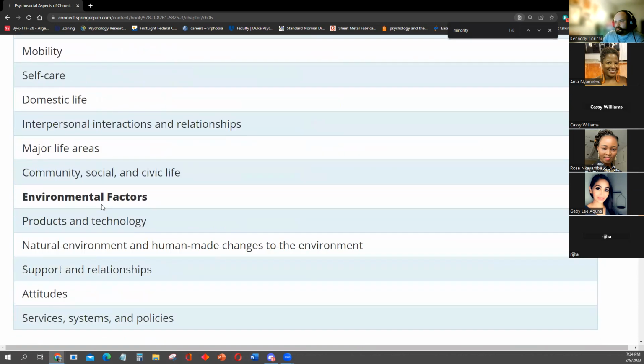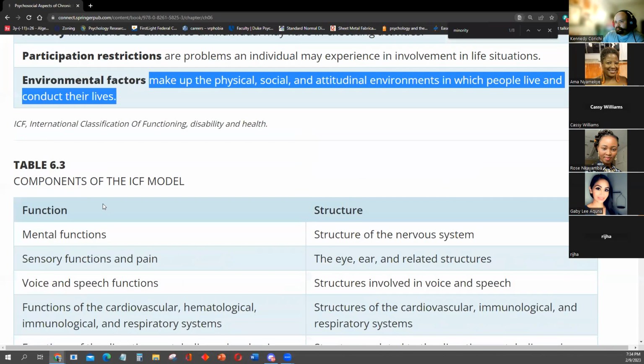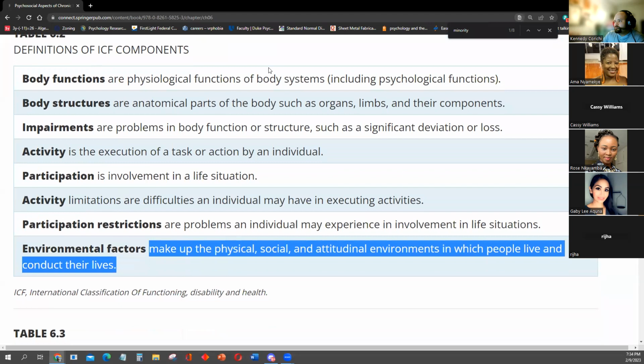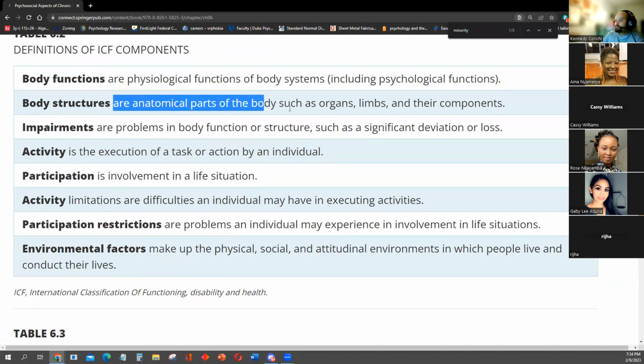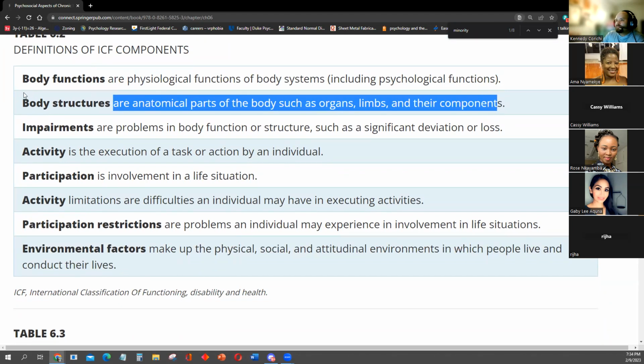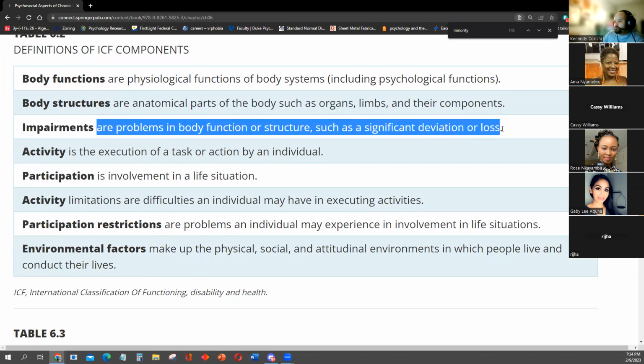Yeah, it breaks it down. No, go back up to the other one, 6.2. Because it talks about the definitions of the ICF components. So it's talking about that incorporates it. The ICF component, it explains everything. And even if you look at that, the problems are the body functions and everything like that. So it was really nice how they did it.